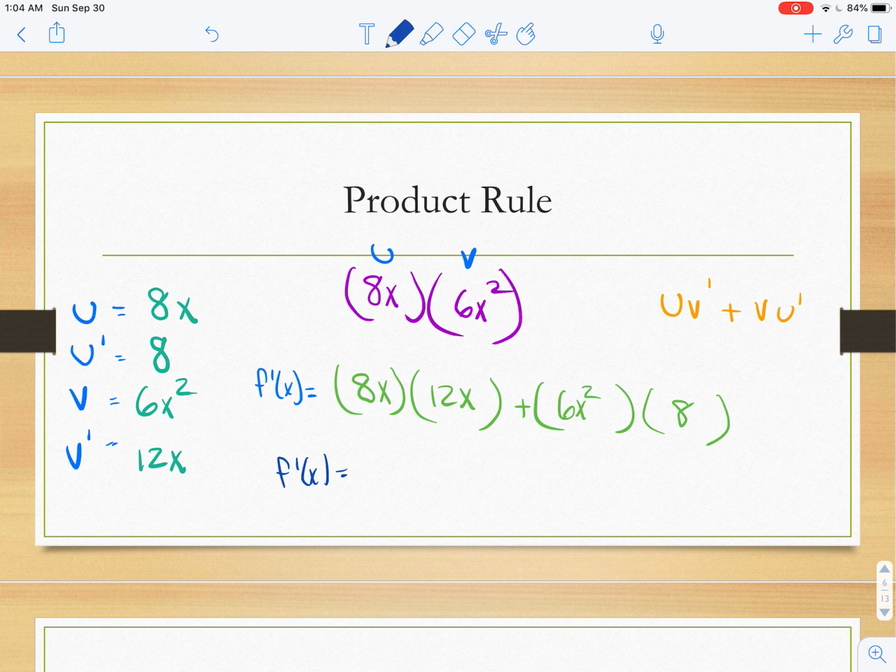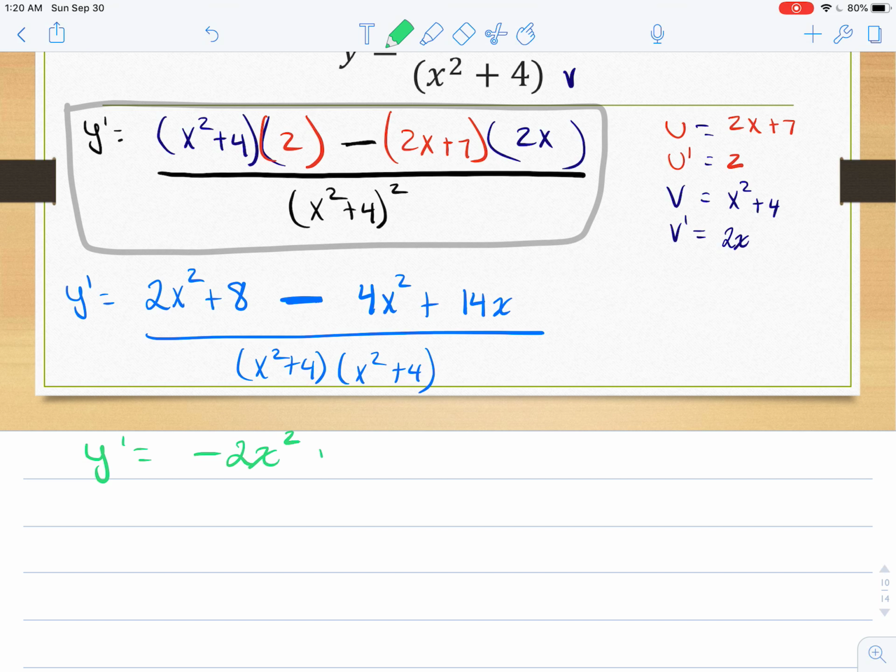And then we're just going to have plus 14x plus 8 over x squared plus 4 squared.